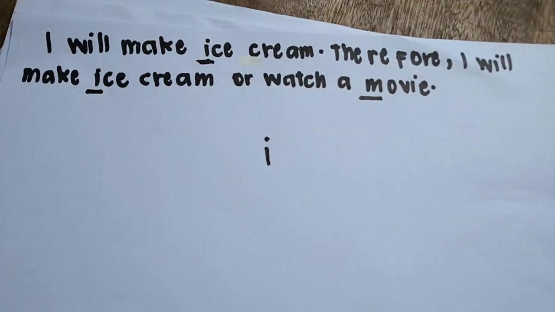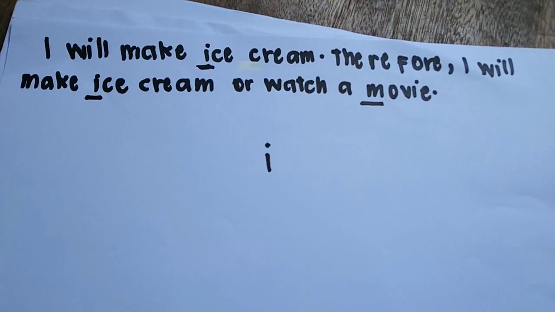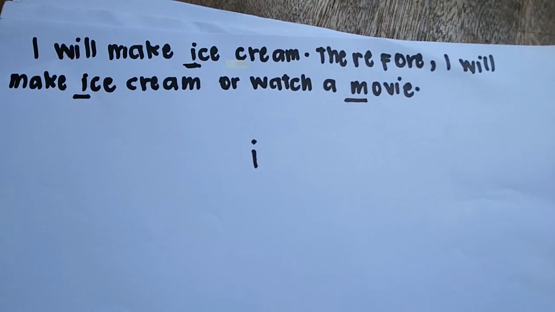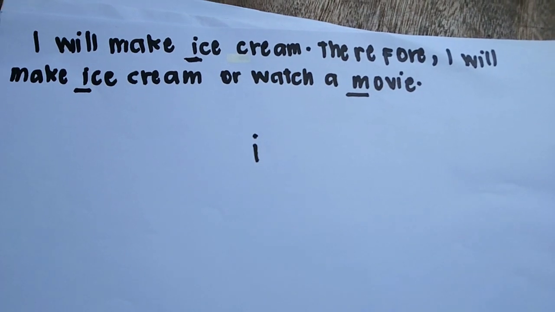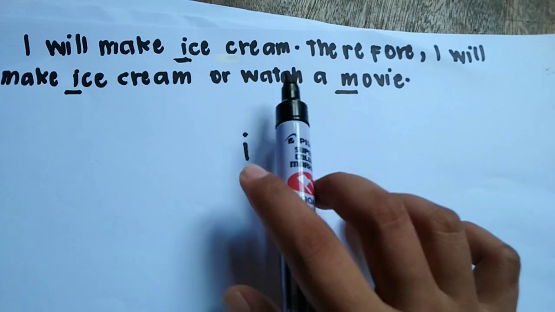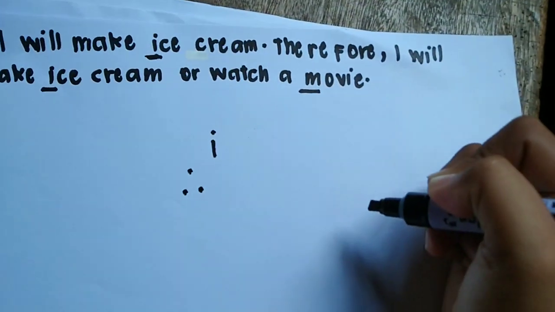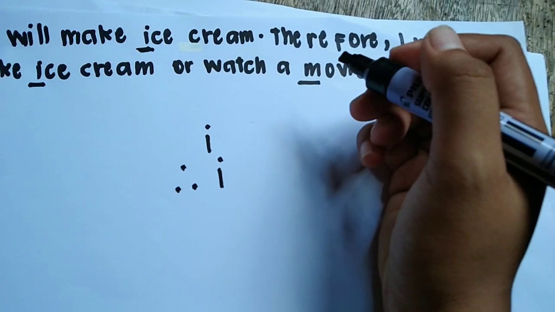Let's proceed on our conclusion or final statement. Therefore, I will make ice cream or watch a movie. We will notice here that our first premise is the antecedent here in our conclusion. At may na-add lang siyang bago. Therefore, I will make ice cream or watch a movie.